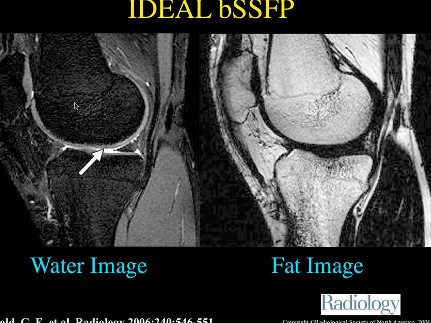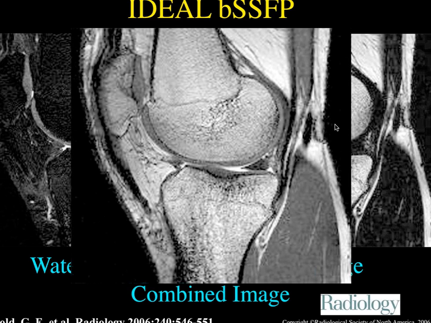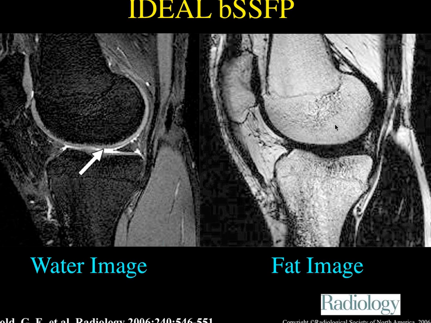Here you can get a water image, a fat image, and here's the combined image between the two. You can also get an in-phase image and an out-of-phase image, all with a single acquisition. These are very insensitive to field inhomogeneities, and also very insensitive to metal artifacts. We only have this on a few of our scanners right now.